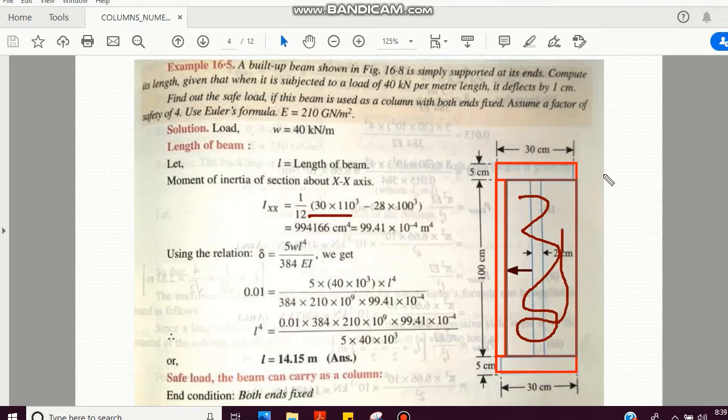The width of this is 28, because this portion is 30 and the width of the web is 2 centimeter, so 30 minus 2 is 28. The height of this rectangular empty portion is 100. So 28 into 100 cube, that is b d cube.